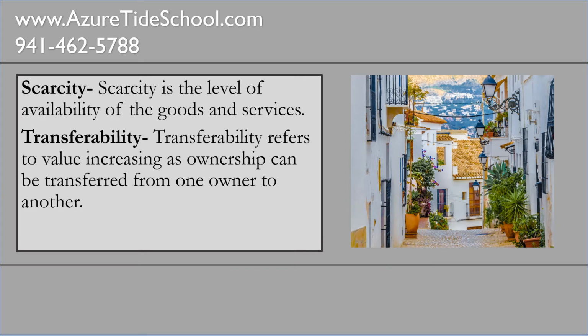Scarcity. Scarcity is the level of availability of the goods and services. Transferability. Transferability refers to value increasing as ownership can be transferred from one owner to another.